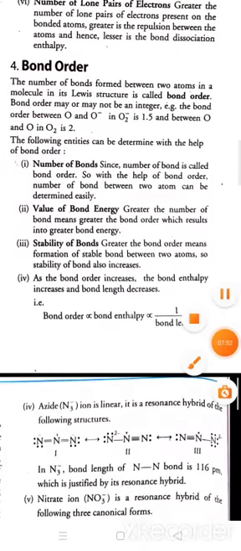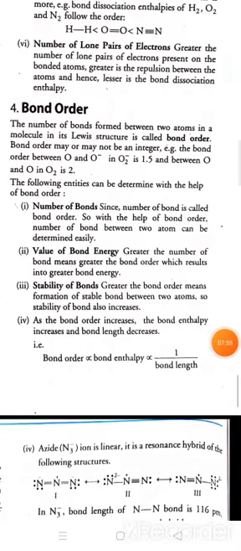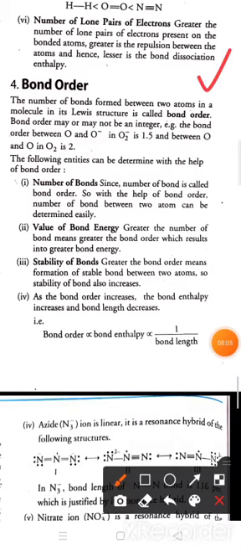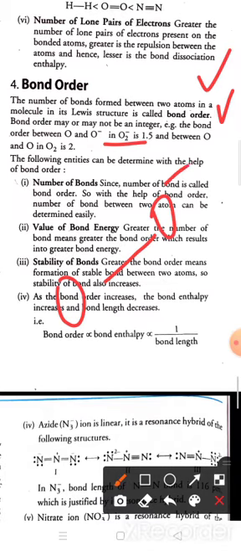Now the bond order. The number of bonds formed between two atoms in a molecule in its Lewis structure is called the bond order. You can see that in O2 negative the bond order is 1.5, while the bond order in O2 is 2.